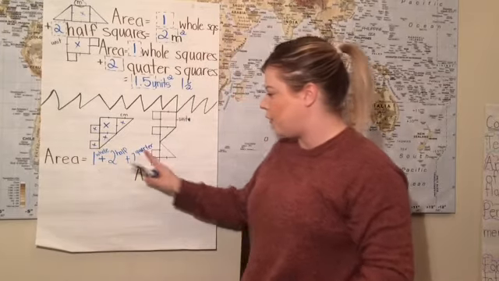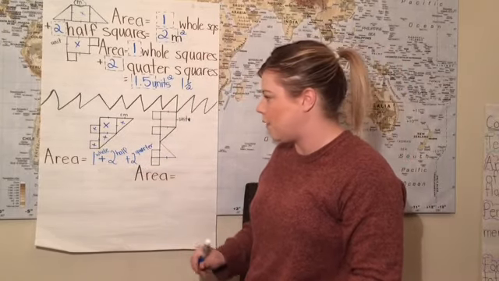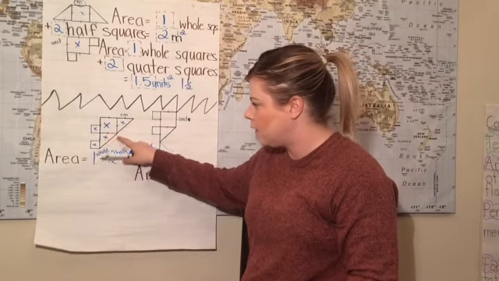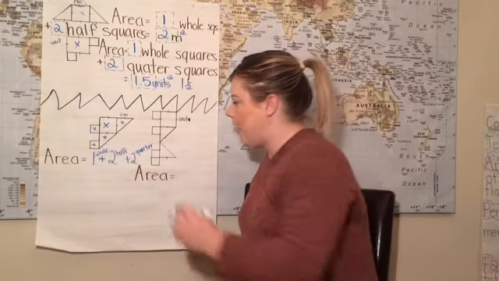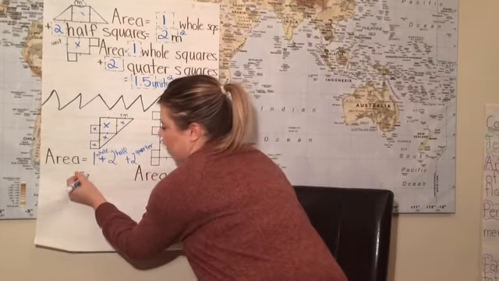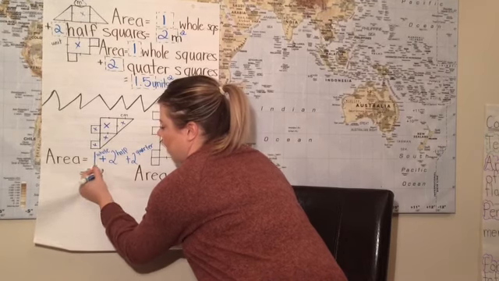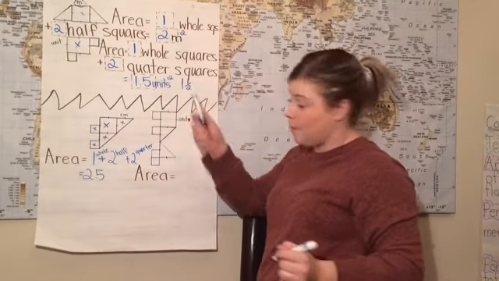One whole shape plus 2 half shapes plus 2 quarter shapes is going to be 1, 2 and a half. It's going to be 2.5, or you can use the half symbol.